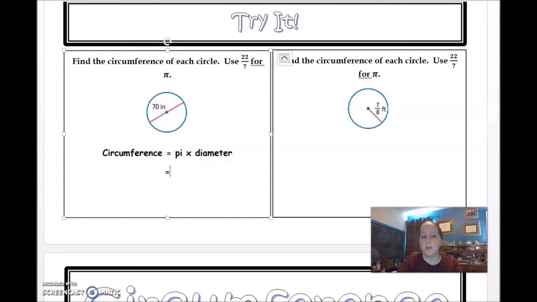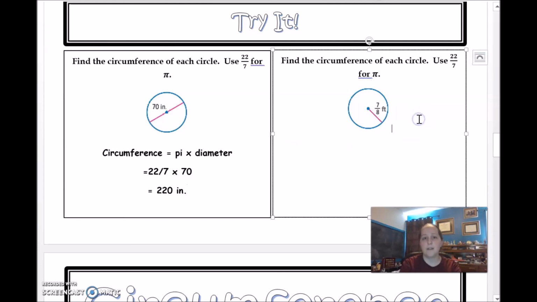So this equals 22/7 times 70, which equals 220 inches.